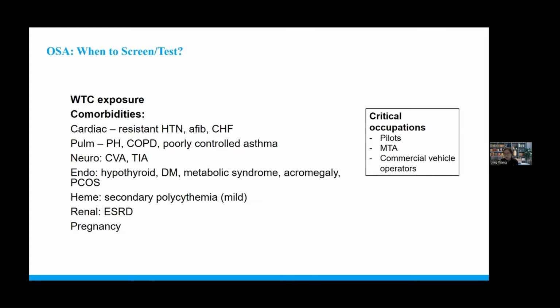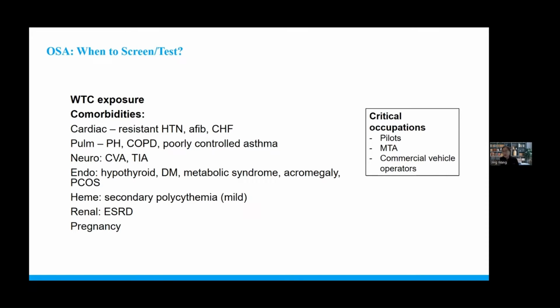You also want to think about it in patients who have had CVAs or TIAs, so cerebrovascular disease. Also very important to think about sleep apnea and potentially asking about sleep symptoms in patients who have comorbid endocrine issues such as diabetes, people who have hypothyroid, PCOS is very common, and obviously the metabolic syndrome. The hematologic comorbidity is maybe debated somewhat, but we do see referrals for this reason quite frequently for secondary polycythemia.